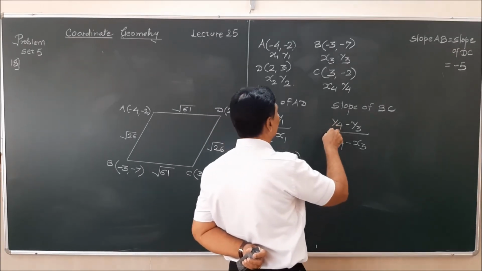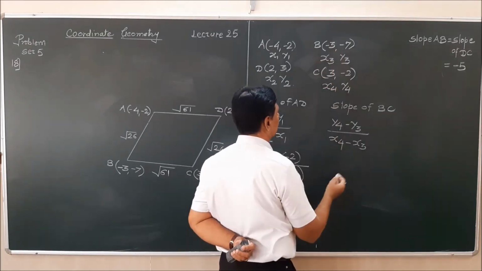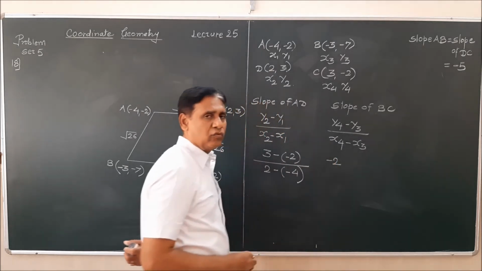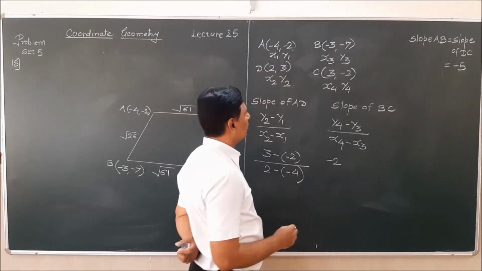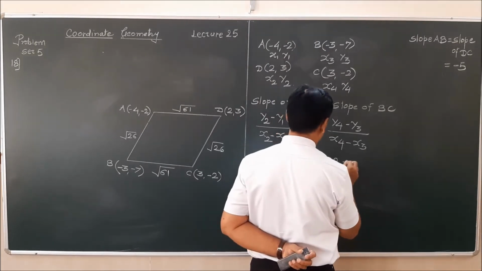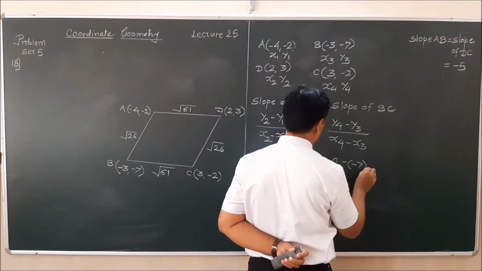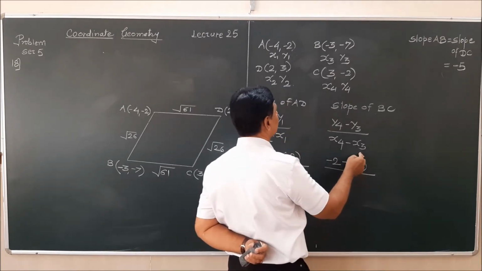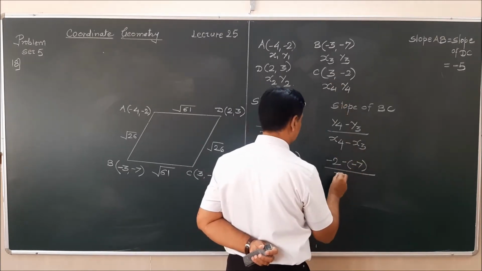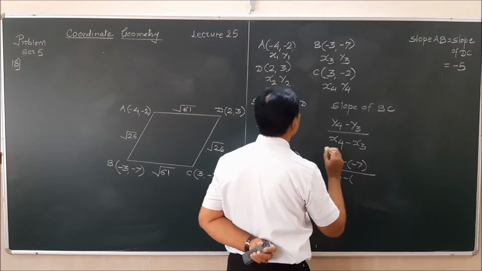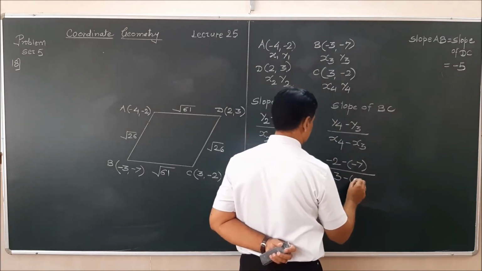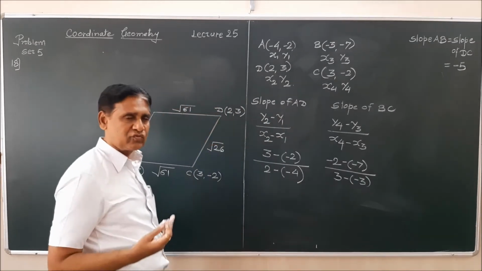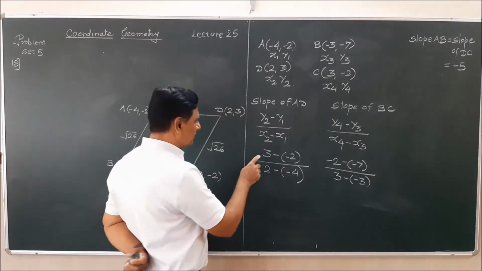In this case y4 minus y3: y4 is minus 2, y3 is minus 7, so minus 2 minus of minus 7. x4 minus x3: 3 minus of minus 3.